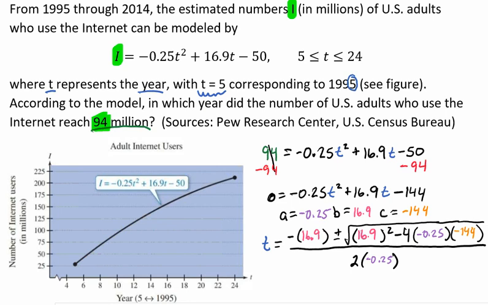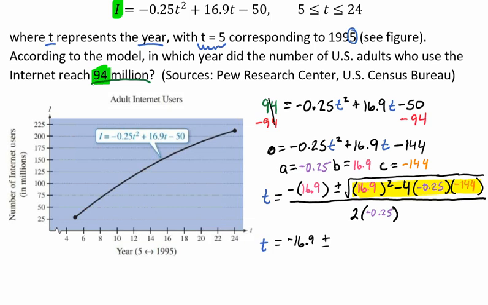Now we're going to take this top part here and plug that into a calculator. We're not going to work that out by hand. And that's going to give us t equals negative 16.9 plus or minus the square root of 141.61, all divided by negative 0.5.